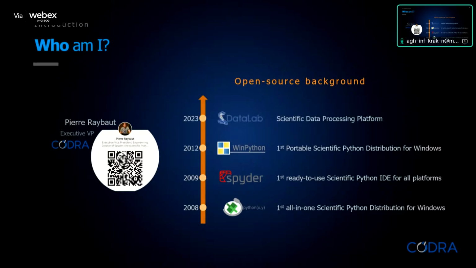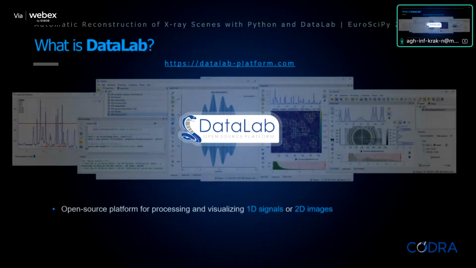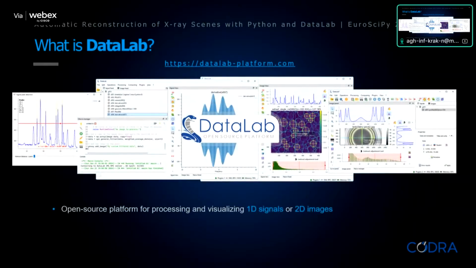And 3 years ago, I created Data Lab. Not the first one, but at least a scientific data processing platform that we will talk about now. So what is Data Lab? Data Lab is an open source platform for processing and visualizing 1D signals and 2D images.